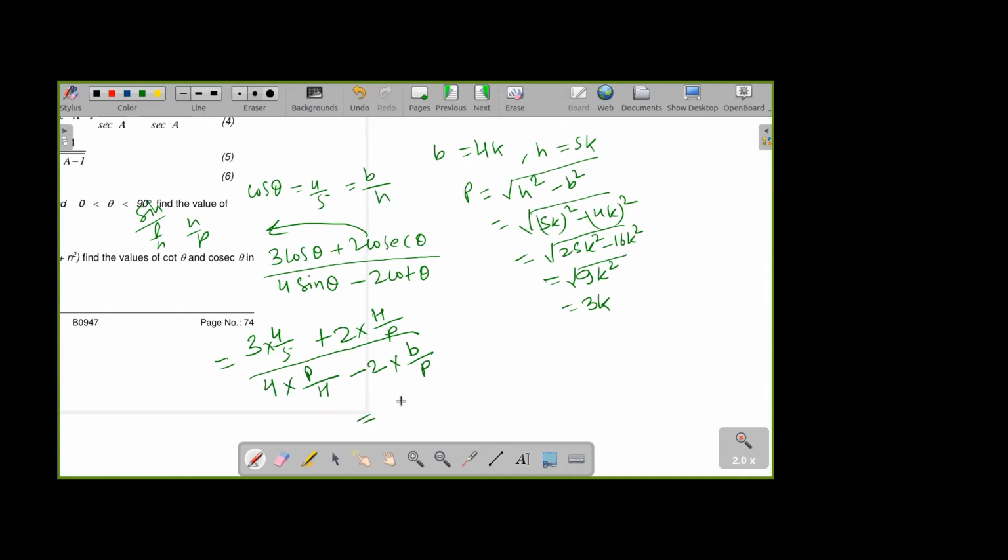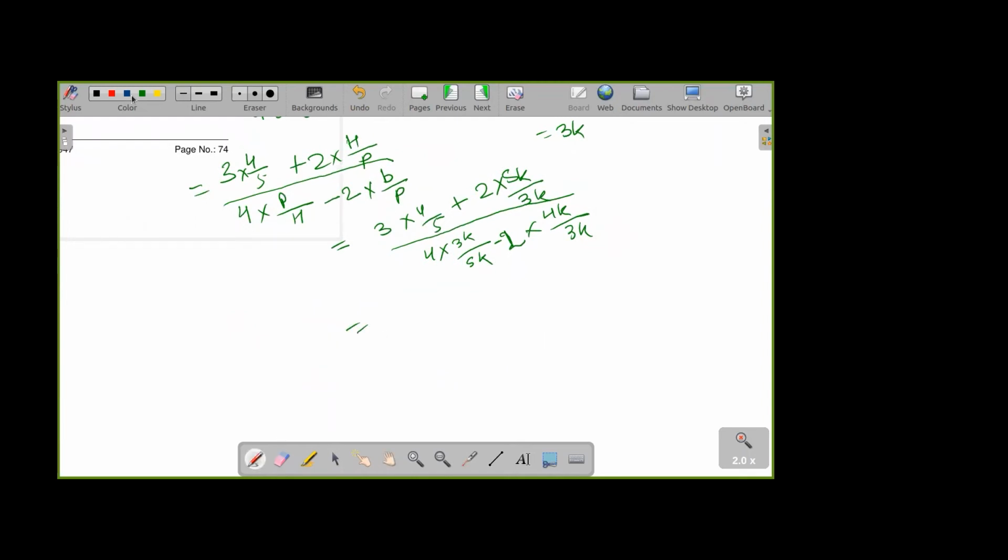So now it will be 3 multiplied by 4 by 5 plus 2 multiplied by h by p, h is 5k, p is 3k, whole divided by 4 multiplied by p by h, p is 3k, h is 5k, minus 2 multiplied by b by p, b is 4k, p is 3k.